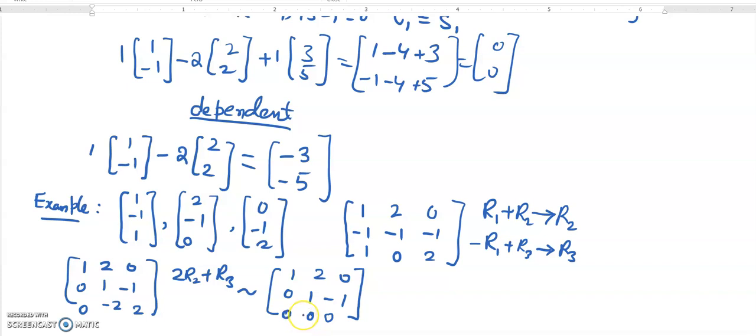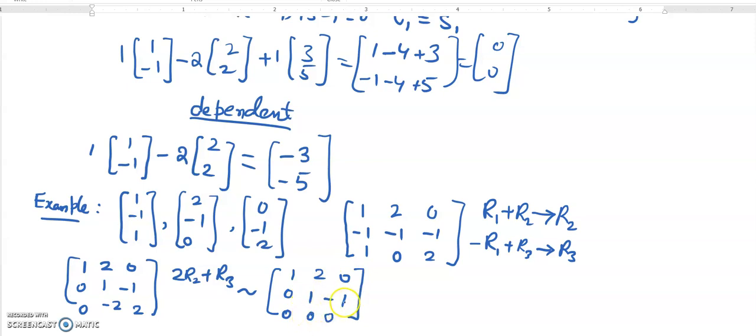So which will mean that we can always find a solution in terms of the free variable for this set of equations. We have done it many times before, because now in this case what we have is 3 variables, x1, x2, x3, and then 2 equations.